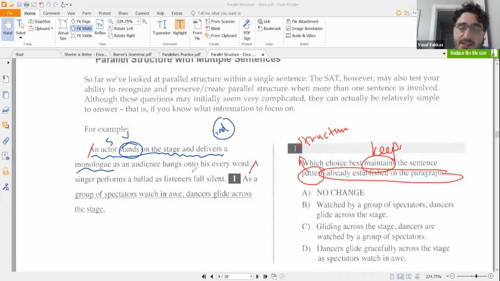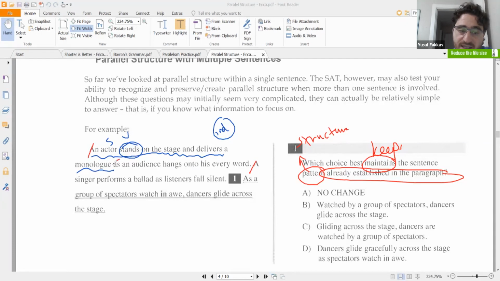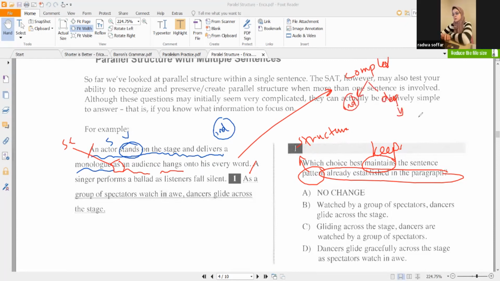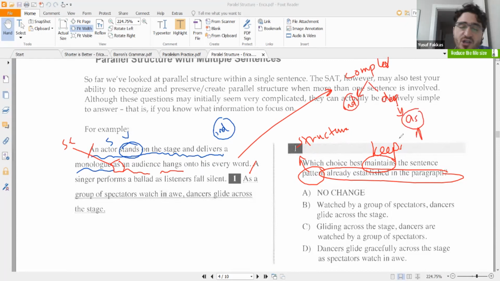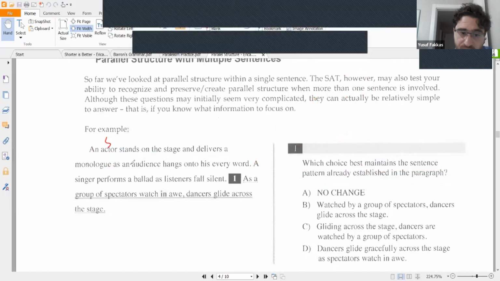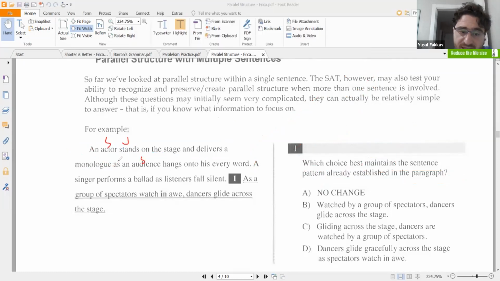And the other part is dependent because it starts with a subordinating conjunction, as an audience hangs on until the word. So what kind of sentence is this? It's complex. The first part is independent. The second part is dependent because it starts with the subordinating conjunction as. Okay, clear enough? So it's a complex sentence. It has 2 parts. This is the first part, subject verb. This is the second part, subject verb, but the second one is dependent because it starts with as.